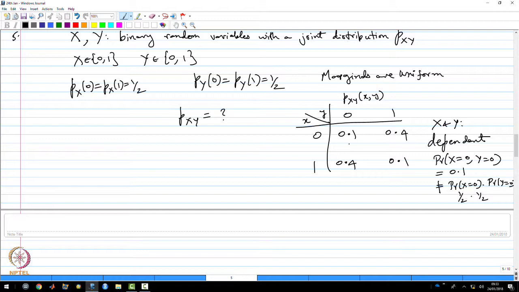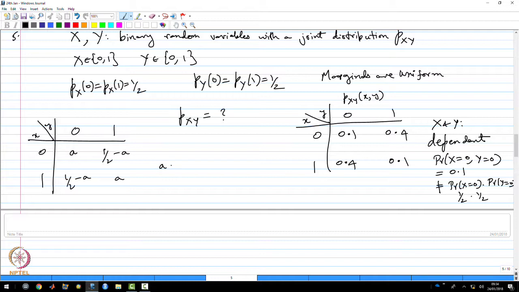So in fact, this is not the only joint distribution for which this is true. You can have any other joint distribution. So you could take, for instance, another joint distribution, xy being 0, 1, 0, 1. I can take this value to be some a, and I'll put half minus a here, and half minus a here, and a here.